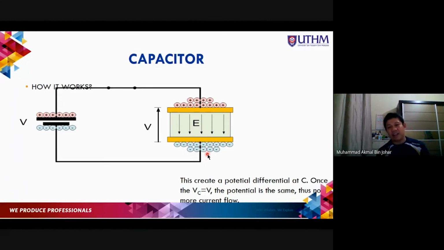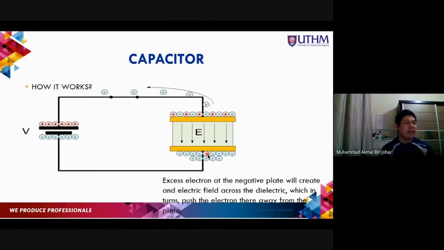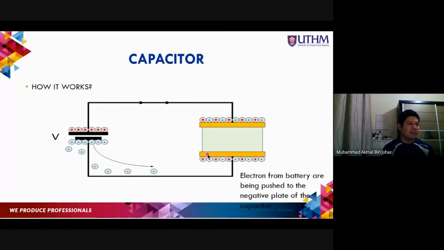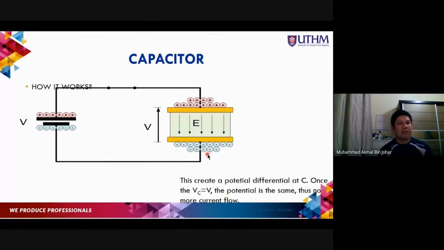This process happens really fast, less than 1 second. In less than 1 second, the capacitor has the same value as the voltage source.